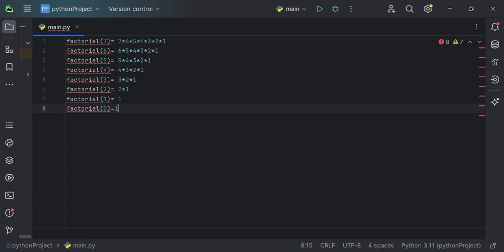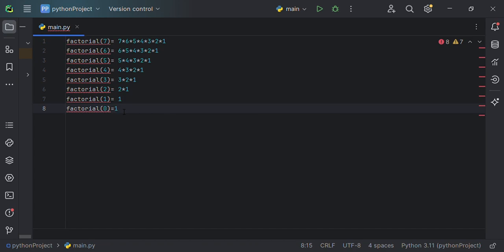Now if you see, factorial of 7 is 7 multiplied by 6, then multiplied by 5, 4, 3, 2, 1, and 6 is also the same. The process goes on. So by this information, if I need the factorial of any number, first I'll find the factorial of the number minus 1 and then multiply it by n.